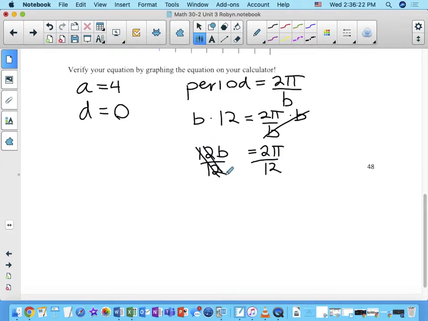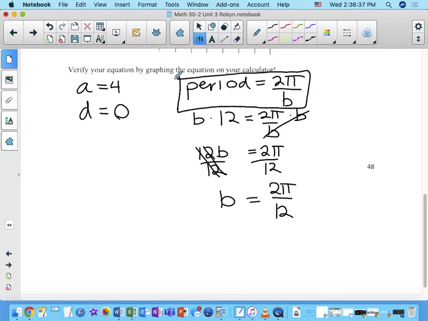Now we end up with b equals 2 pi over 12. And that was the period, right? We have period equals 2 pi over b, and we ended up with b equals 2 pi over 12, which happened to be the period.